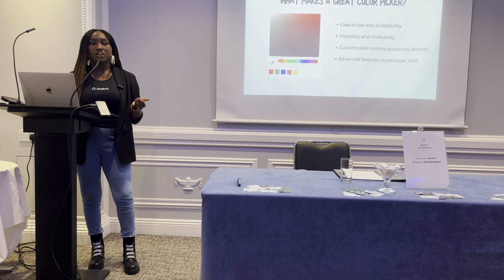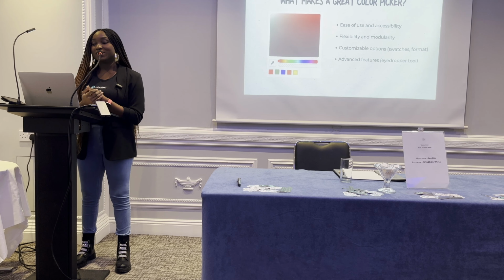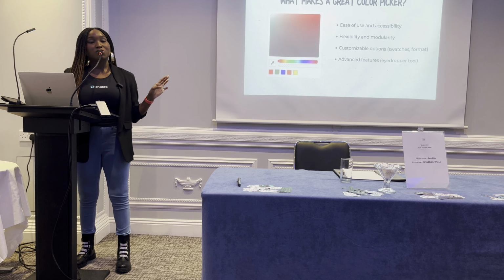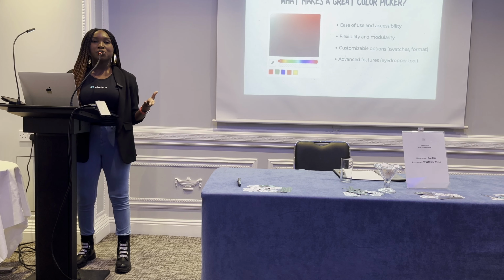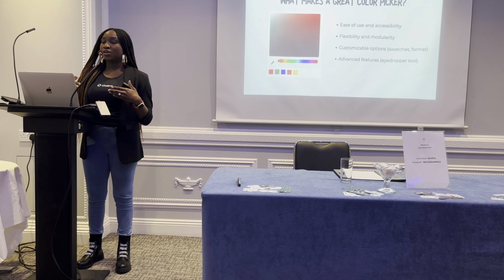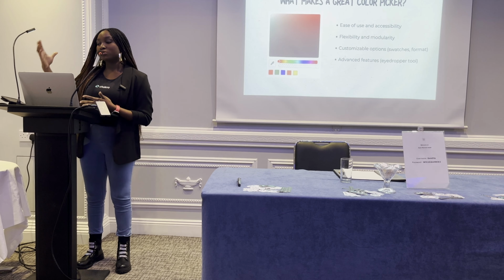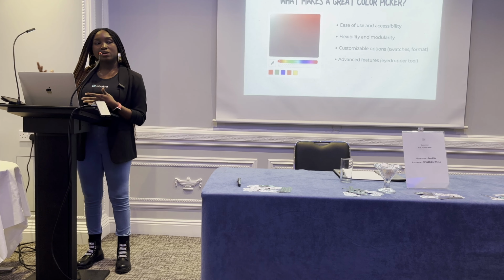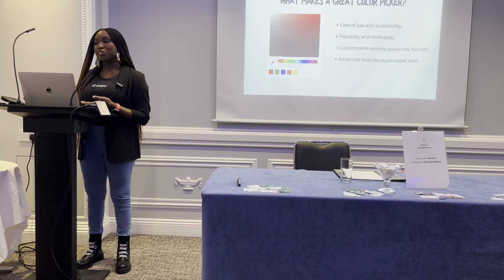So as a developer in a company, you're probably thinking, okay, we need a color picker in our organization, right? But what are some of the things that we need to consider before picking a color picker? One of the things is ease of use and accessibility. You want to pick a color picker that you can easily use in your code base, where the code is not too bloated, and that also supports accessibility, because accessibility is very important.